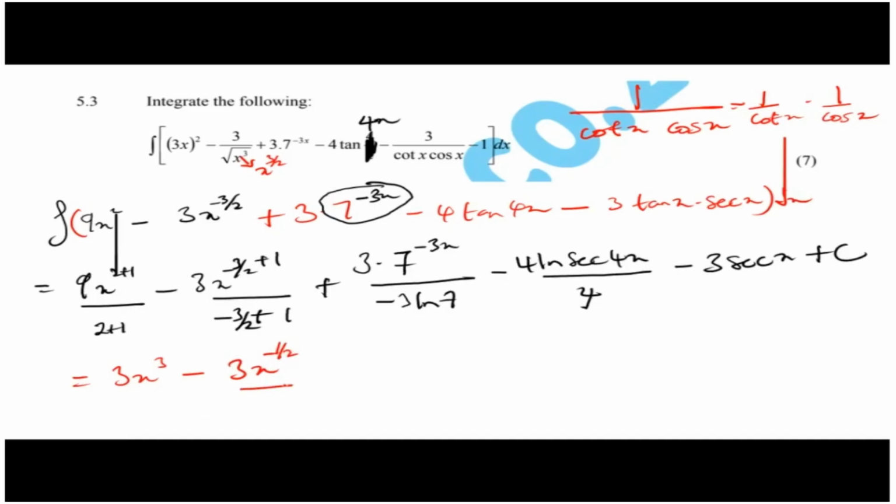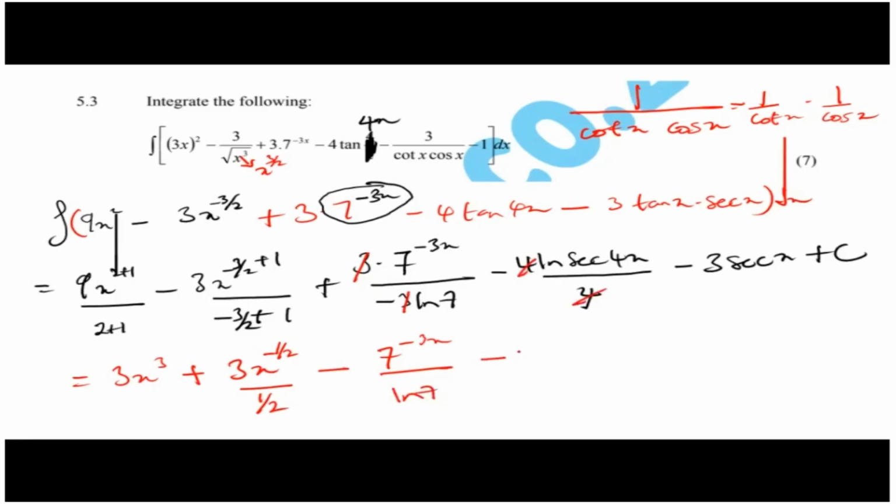Over, so this one should be positive. Is that fine? So here also it should be negative. 3 can go into 3. So you have negative 7, negative 3x over ln 7. Then here 4 can go into 4.